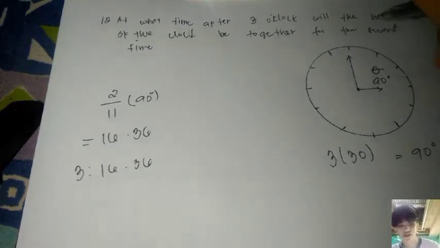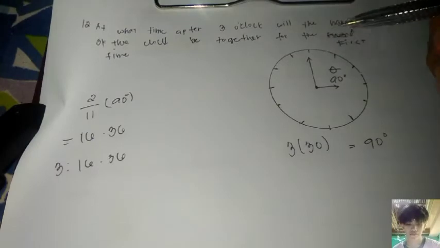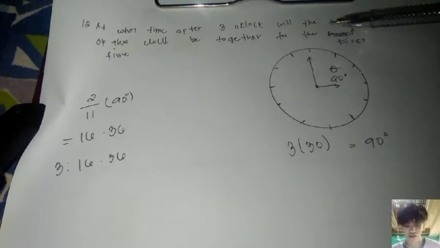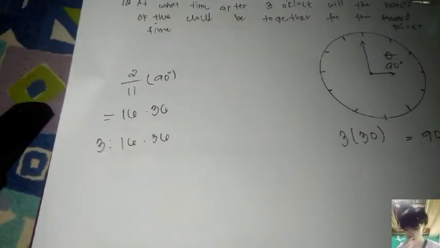So let's correct this. This is the first time. So we have the illustration of 3 o'clock. So we have 3 times the angle of 30 degrees, so it equals 90 degrees. So let's multiply it by the angle of the minutes.